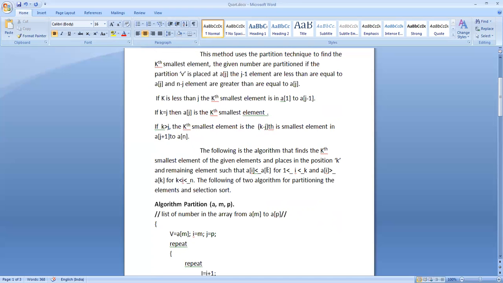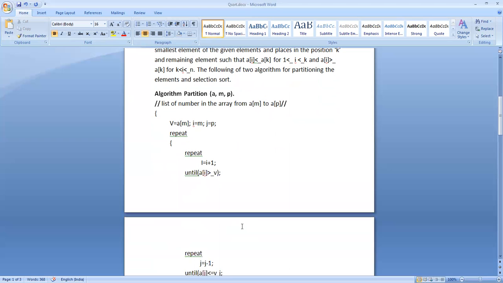So the values before the kth smallest value will be less than it, and the values after the kth smallest value will be greater than it. That is the understanding.